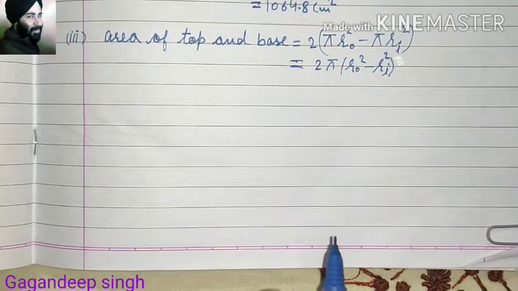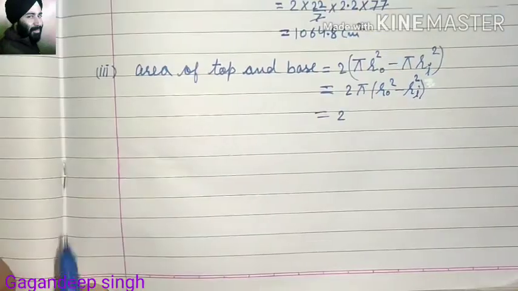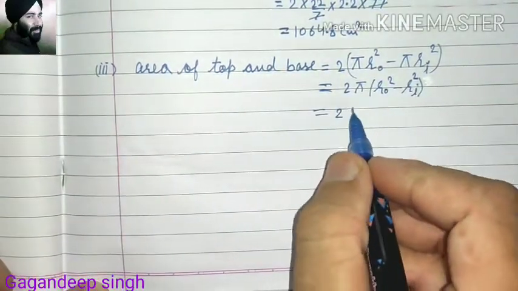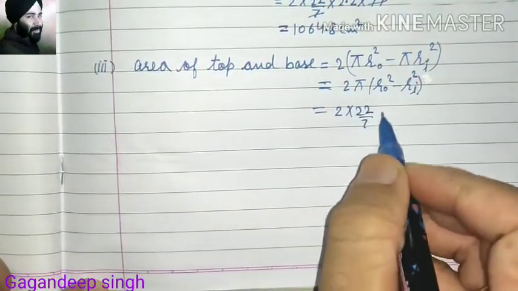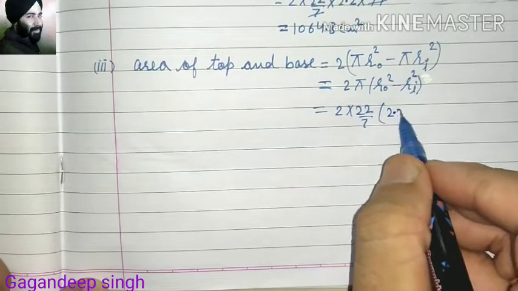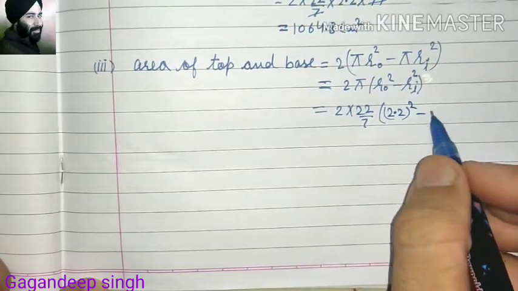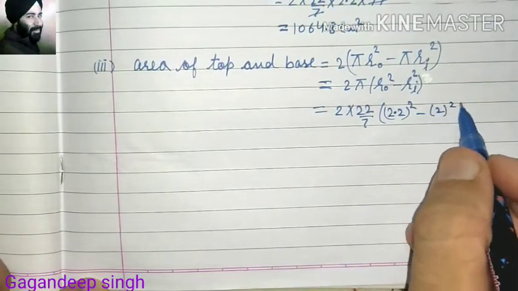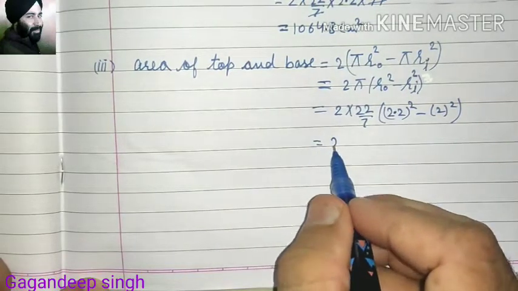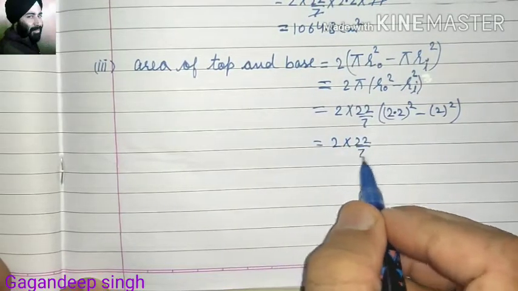Now keep values in the formula. Now values are pi is 22 by 7 and outer radius is 2.2 and inner radius is 2. 2 into 22 by 7.